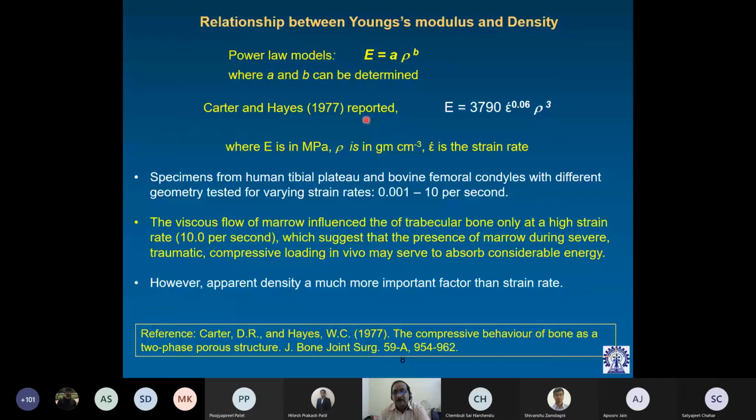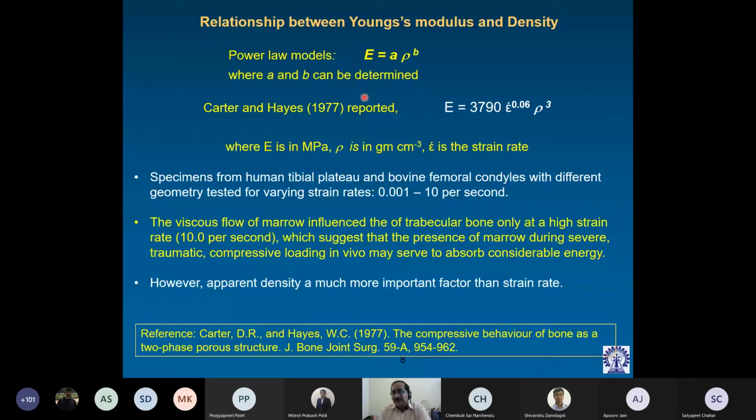And I did not do it after the last class because I assume that you need a break after your examination. So I'm going to share Carter and Hayes' paper as well as the other paper that I had also discussed, the Gibson paper, Gibson 1985, published in Journal of Biomechanics.